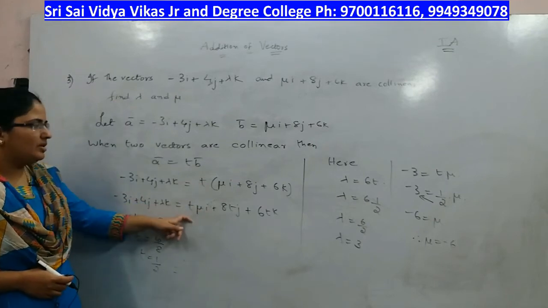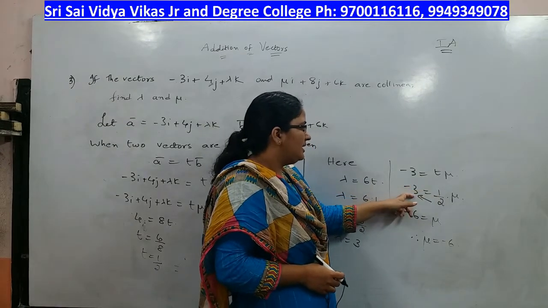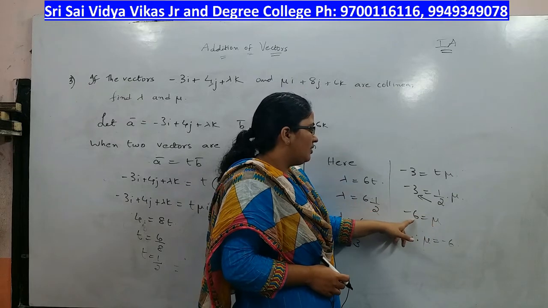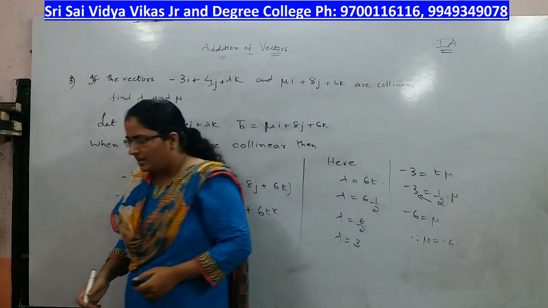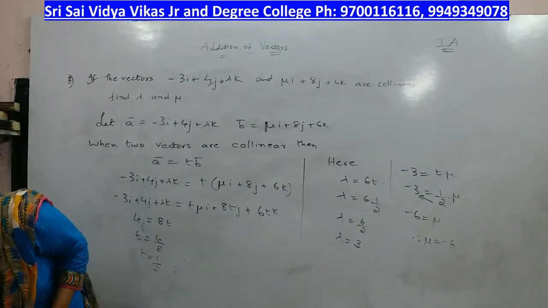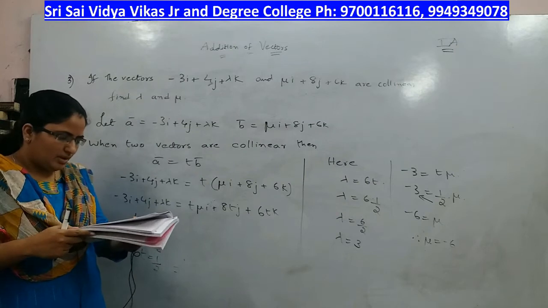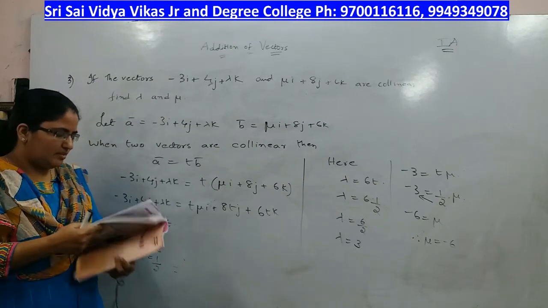Minus 3 is equal to T mu. Minus 3 is equal to T value 1 by 2 into mu. So mu is equal to minus 6. Therefore, mu value is minus 6. That is what we get here. This is the third problem. Let us discuss the fourth problem.